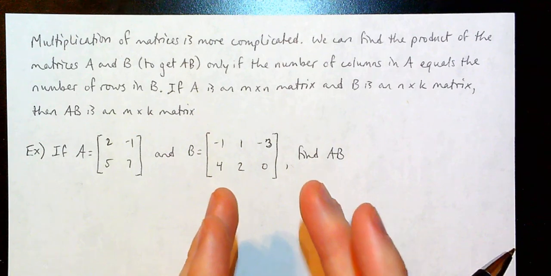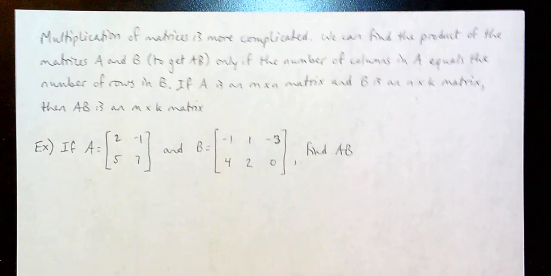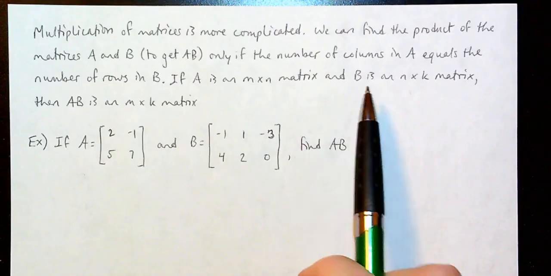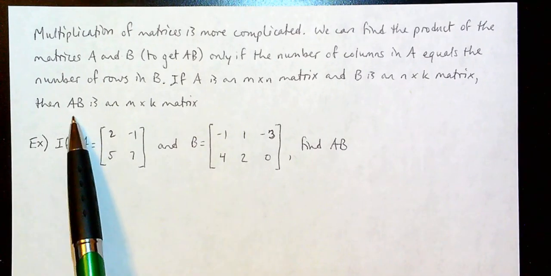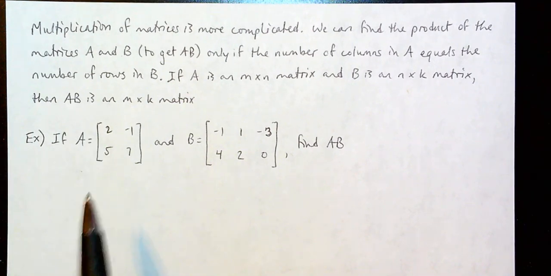And what kind of matrix do you have then when this holds and when you take the product? If A is an M by N matrix and B is an N by K matrix, then the product matrix AB is going to be an M by K matrix.